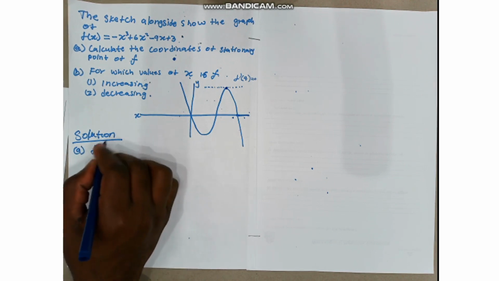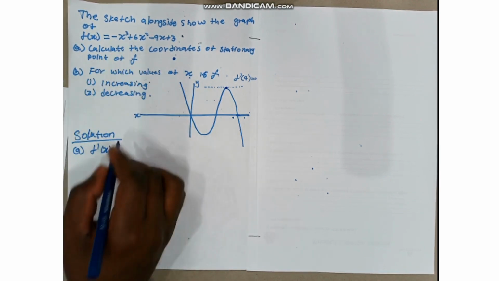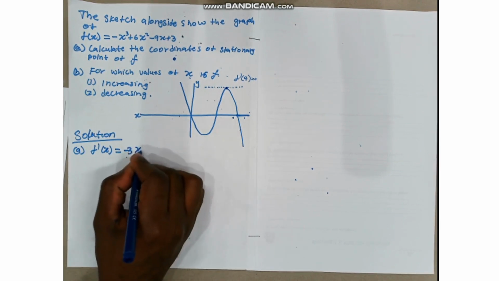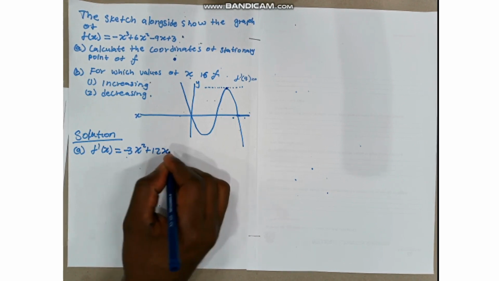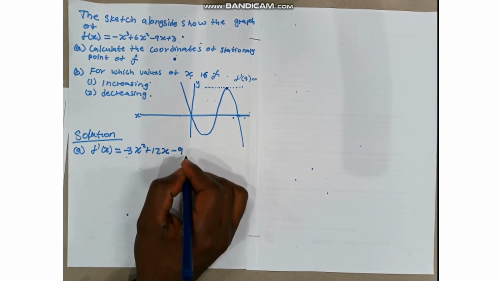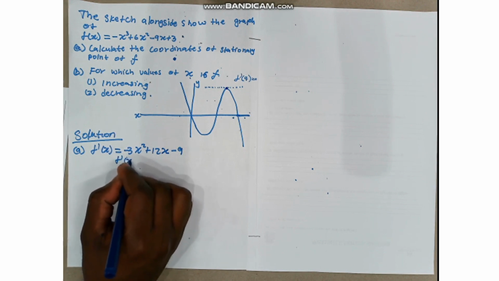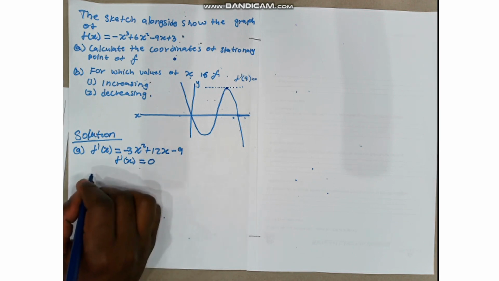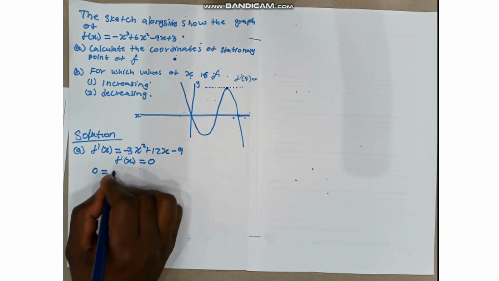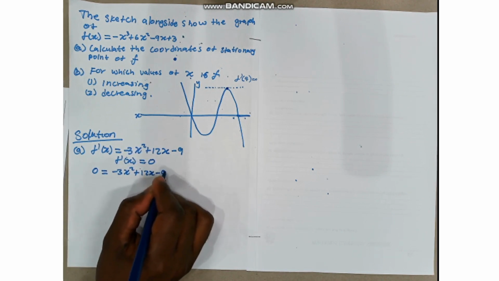So we must find the first derivative of our function. It's going to be negative 3x squared plus 12x minus 9. Now we know that f prime of x is equal to 0 at the stationary point. So we say 0 is equal to negative 3x squared plus 12x minus 9.